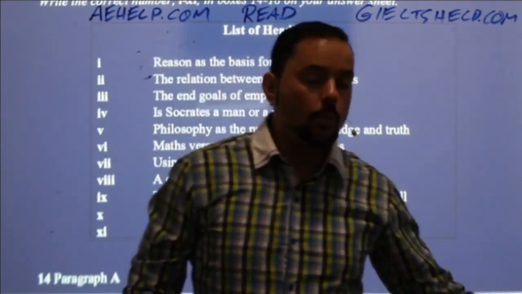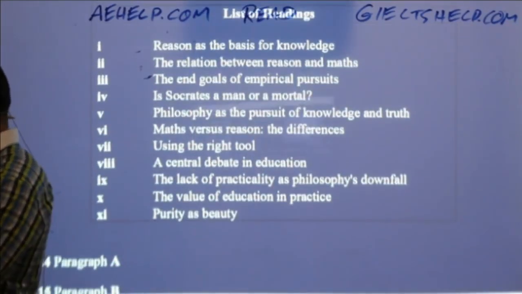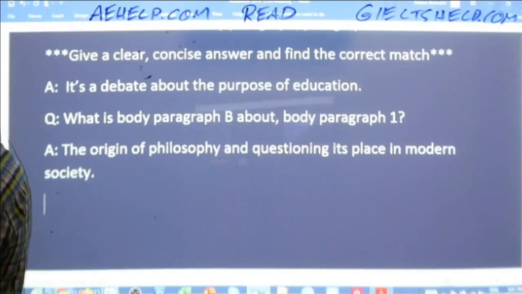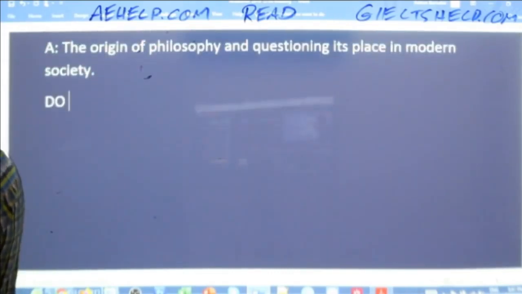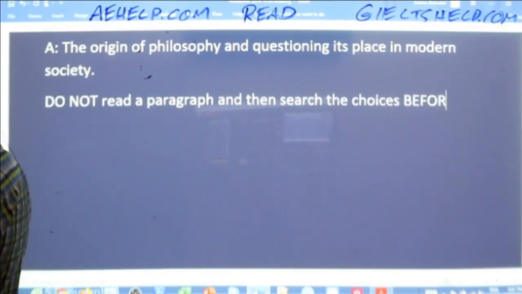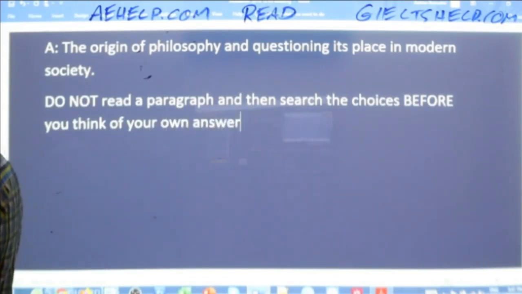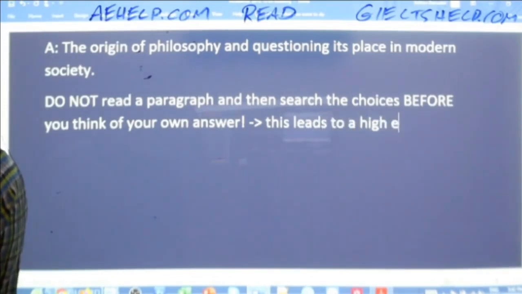Now, one last tip for these list of headings questions. Do not read a paragraph and then search the choices before you think of your own answer. This leads to a high error rate.